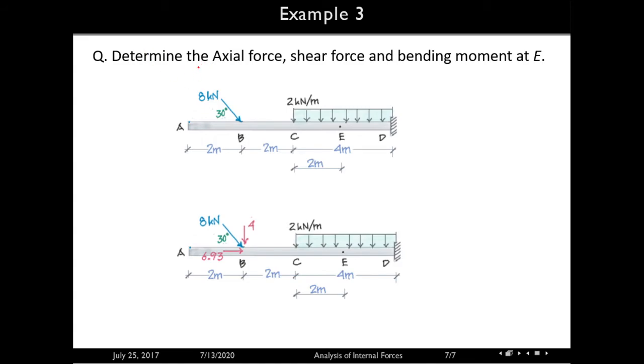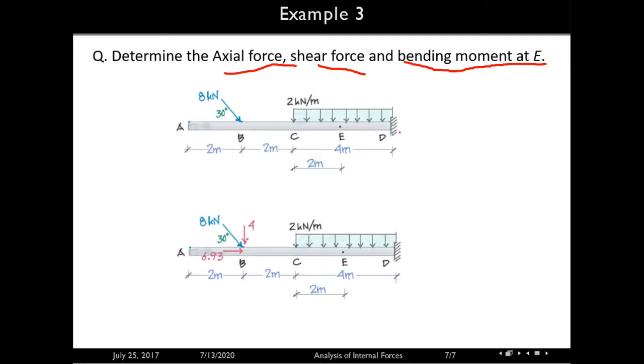Now in example 3 we are asked to determine the axial force, shear force, and bending moment at E. This is an easier one, but the thing is that here we can see a fixed support and there is no other support. As we know this is a fixed support, in order to draw the free body diagram, this fixed support will be replaced by 3 reactions.